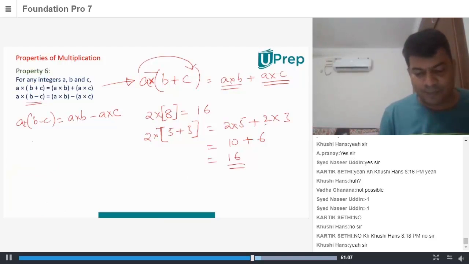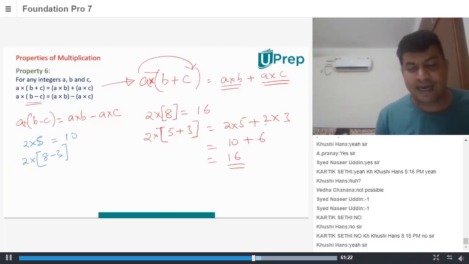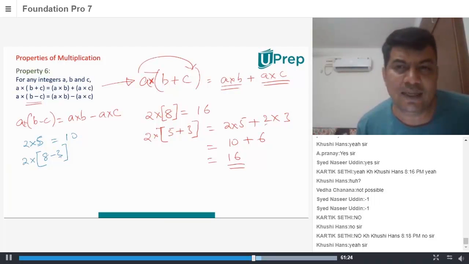Say we want to multiply 2 into 5. Now you know 2 into 5 is 10. I can write 2 into, and I'll write 5 as 8 minus 3. Can I say 8 minus 3 is also equal to 5? Yes, sir. Very good.